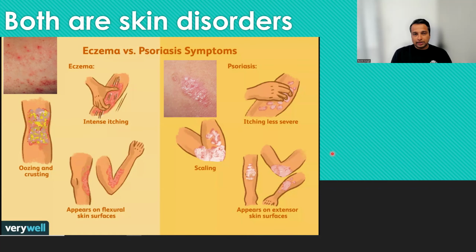And I'll explain that more, but just to show you the common differences, eczema is usually caused by redness of your skin. It will look something like that, where you have redness of your skin, and this is due to just inflammation.